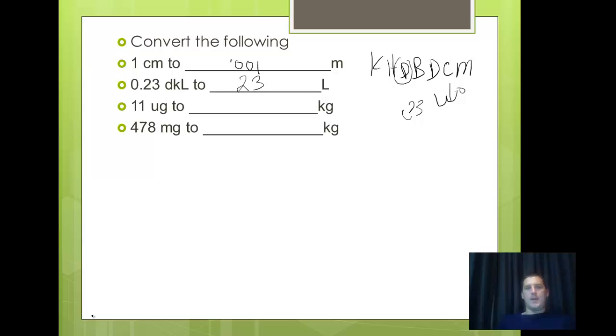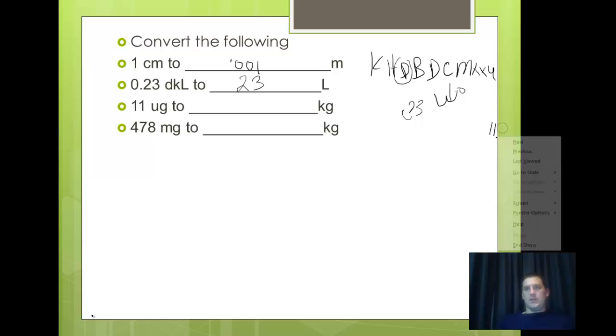Okay, here's the one exception where this does not work, but you remember we did the micro. Okay, so a microgram is 10 to the negative 6th. So if we start way over here, 10 to the negative 6th with 11, okay, that means we're going to move it over 1, 2, and then we're going to go all the way to kilo. So it's going to be 1, 2, 3, 4, 5, 6, 7, 8, 9, 10 total decimal places.